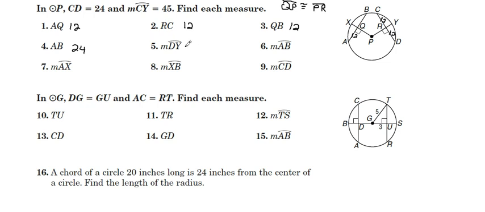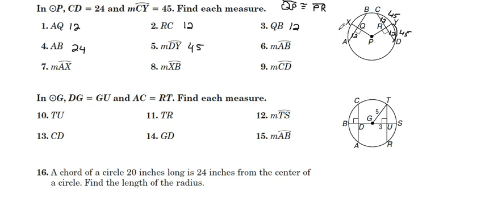The measure of arc DY, that's right over here. Okay, and they tell us that CY is 45. So if CY is 45, the intercepted arc is also congruent, so YD is also 45.